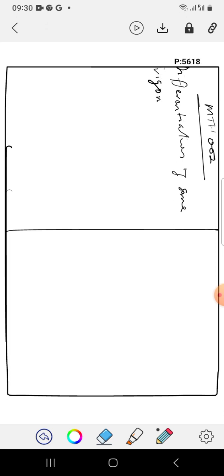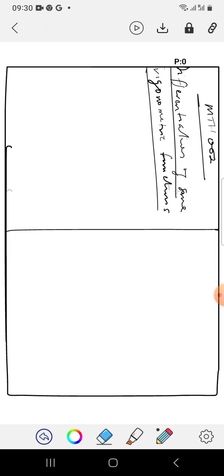So we want to look at differentiation of some trigonometric functions.